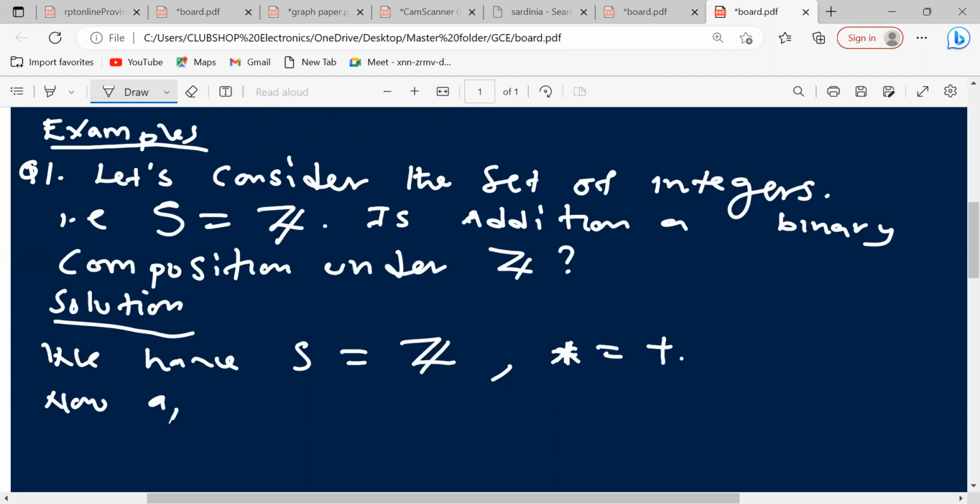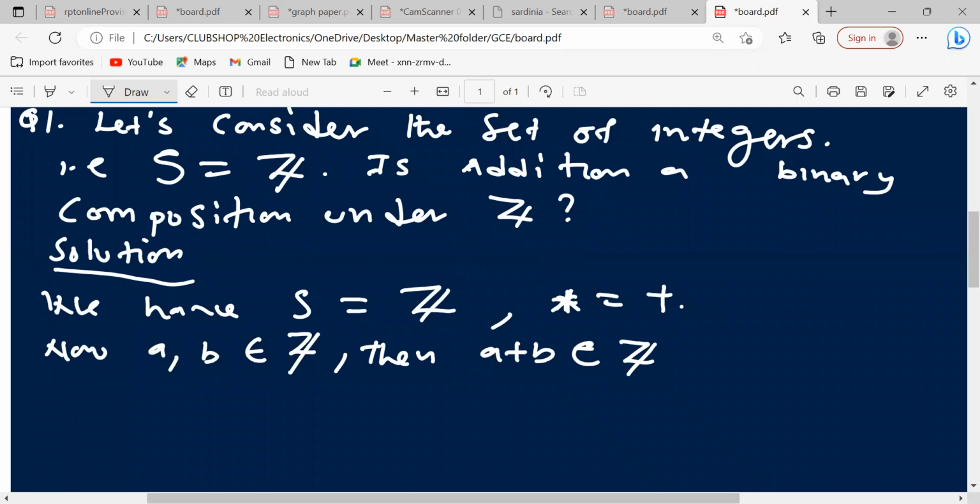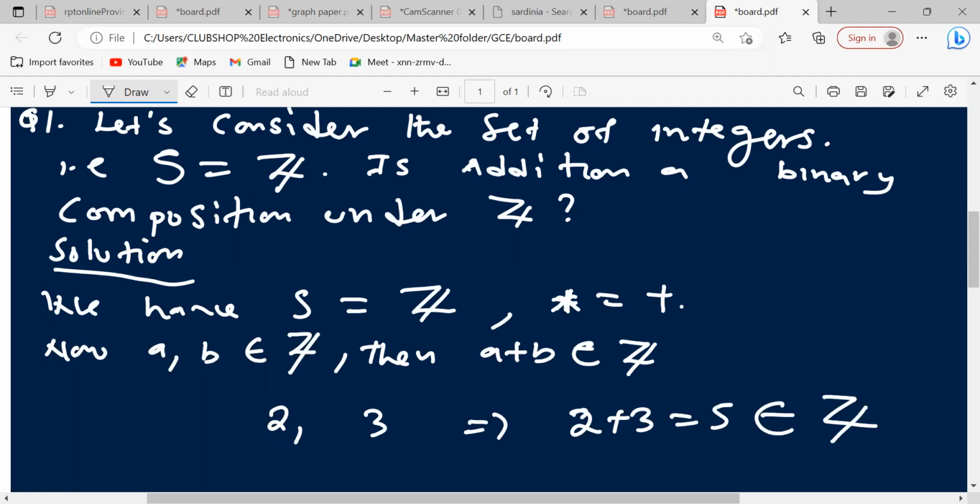Let's take A and B as elements of Z, the set of integers in short. Then we know that A plus B will always be an integer. So upon adding, the answer will be an integer. If I take 2 and 3, then 2 plus 3 is equal to 5, which is an integer.